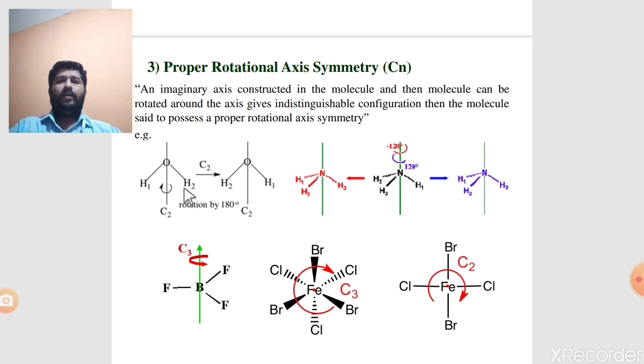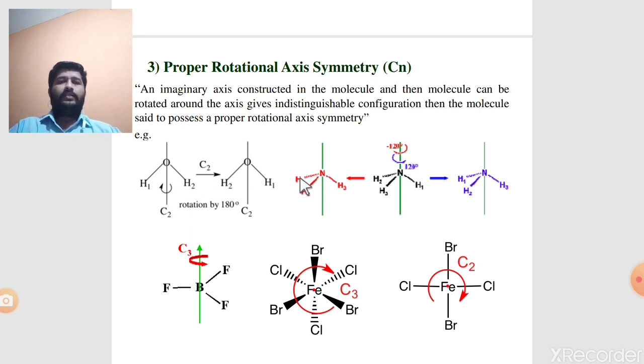See the first example, the water molecule: central oxygen with two peripheral hydrogens, H1 and H2. Through this central oxygen, imagine an axis, and the molecule is rotated around this axis by 180 degrees. It gives a second indistinguishable structure, meaning this water molecule shows C2 symmetry.